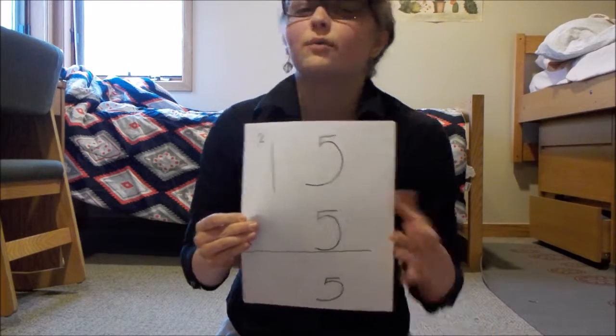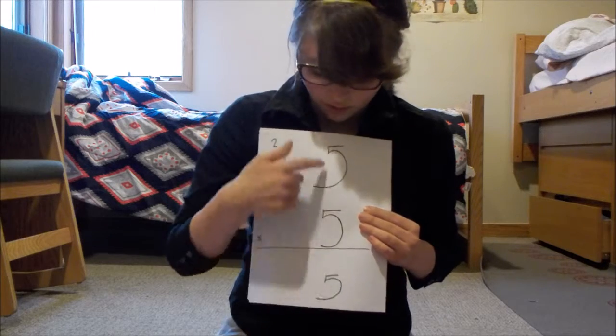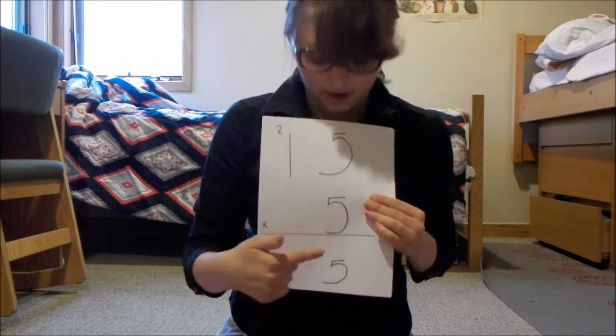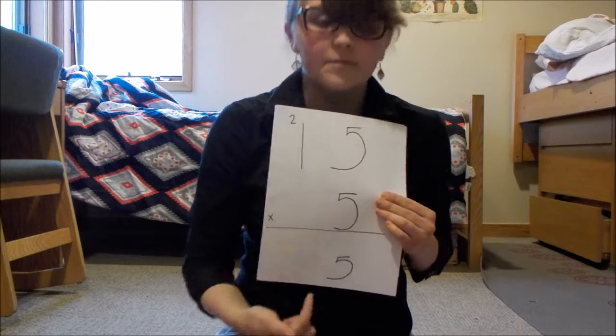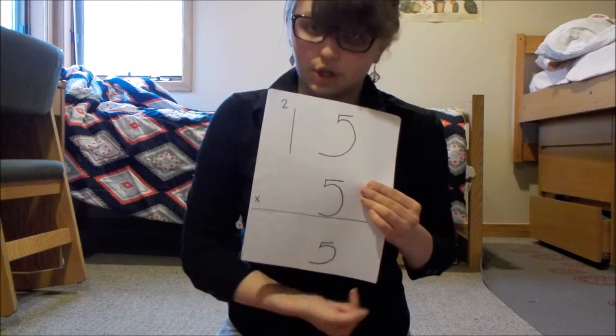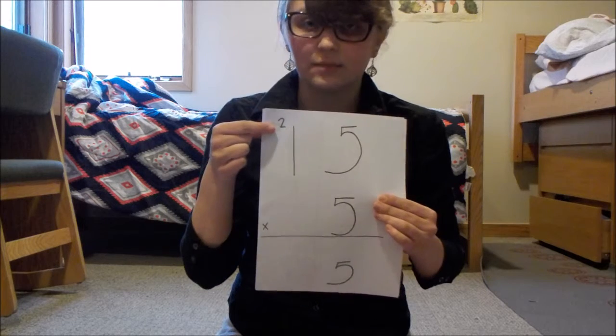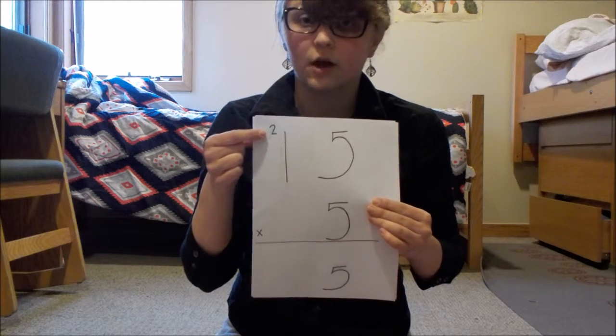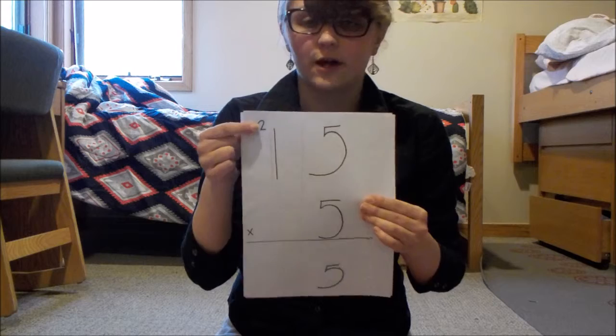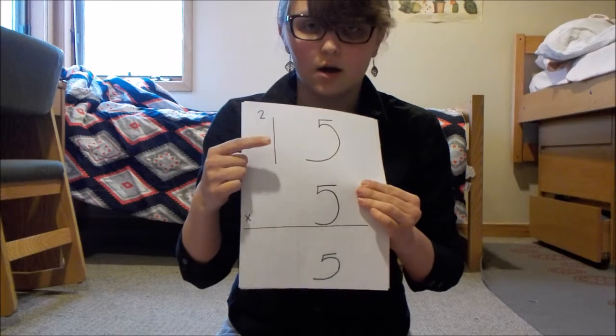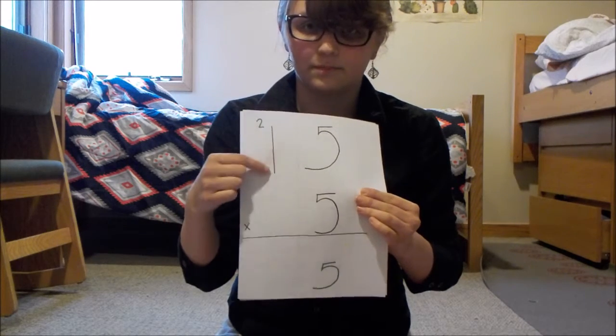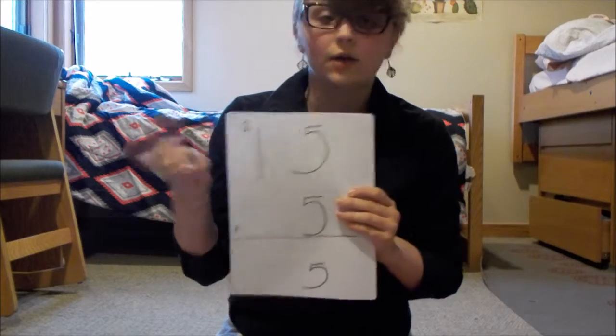The traditional way, we would start out with our ones place. 5 times 5 to get 25. We would put the 5 of 25 down at the bottom where our answer goes, and then we put the 20 of 25, our 2 in the tens place, up above our 10 of 15. Okay? We know this.